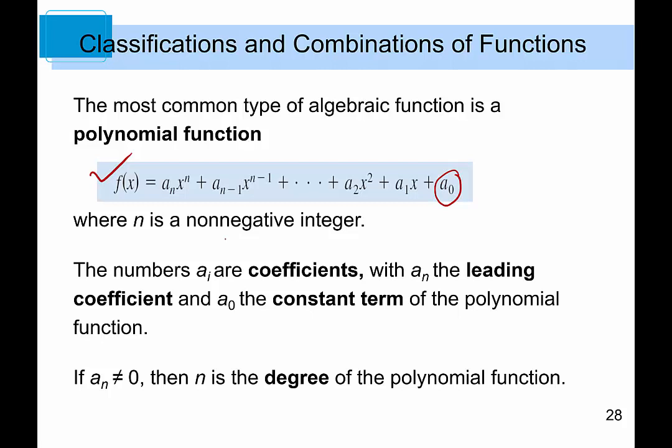So n is a non-negative integer. Remember, the a subscript i are coefficients, where a subscript n is the leading coefficient and a0 is the constant term of the polynomial function. So if a n is not equal to 0, then n is the degree of the polynomial function.